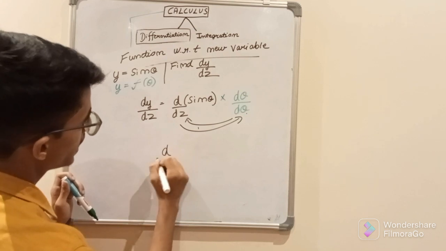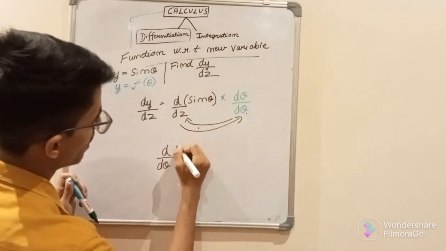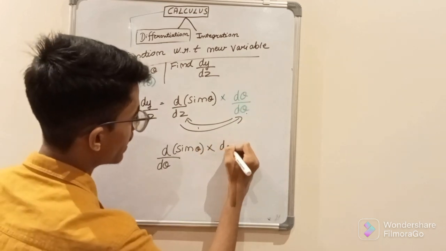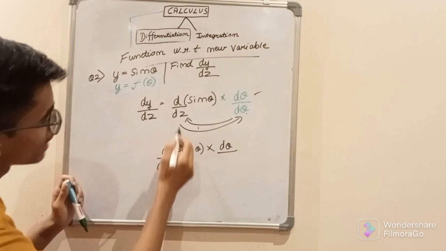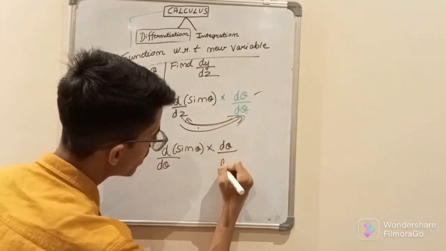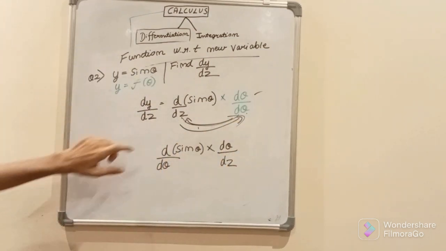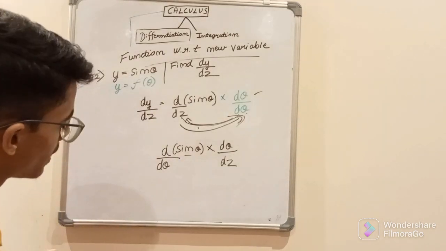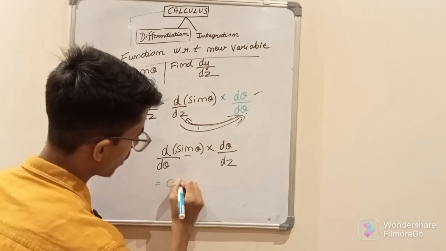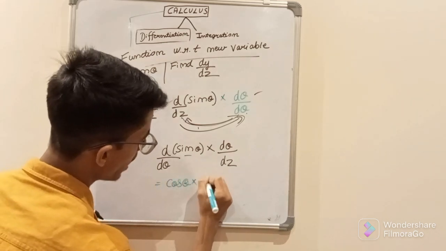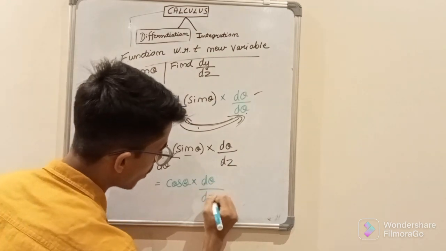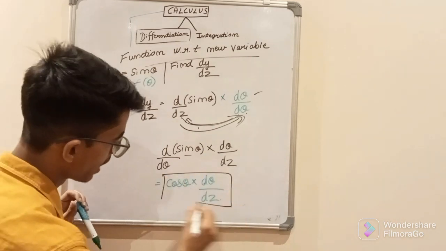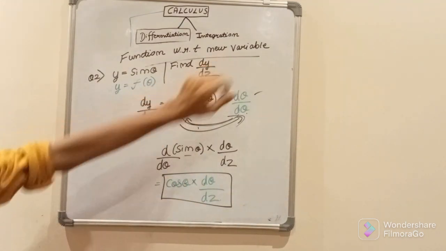So we are left with d upon d theta sine theta multiplied by this d theta will remain as it is, and this dz will shift over here. Now this is dy upon d theta, and we know the differentiation of sine theta, that is nothing but cos theta, multiplied by d theta upon dz. So this is our final answer in the case of a new variable.